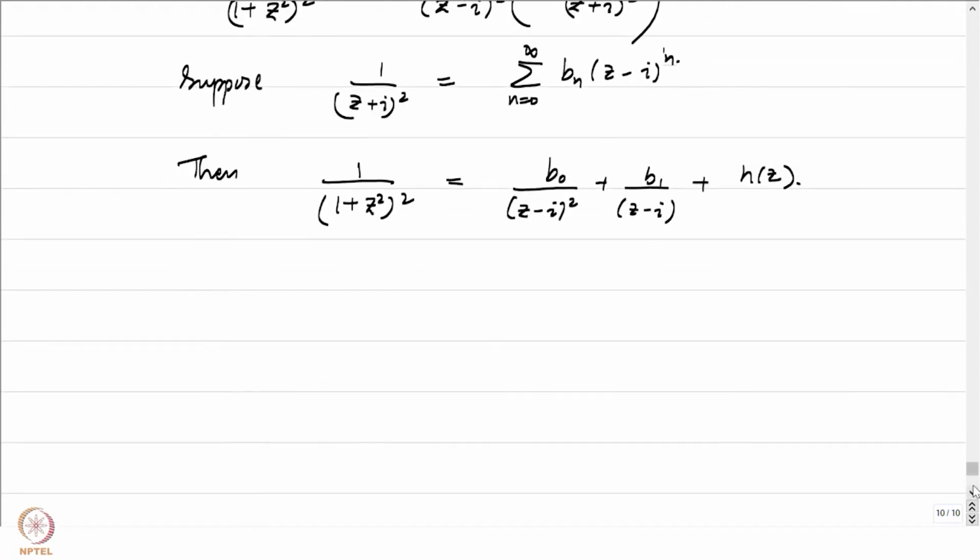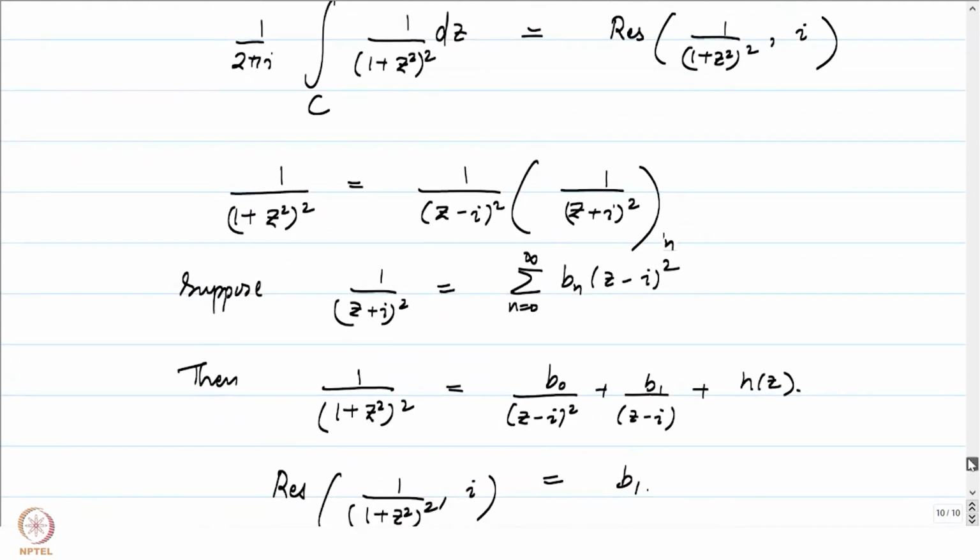And therefore, the residue of 1 by (1 plus z square) the whole square at the point i is just going to be equal to b1. But we know what b1 is. b1 is the coefficient appearing in the power series expansion of this particular function around i, right?